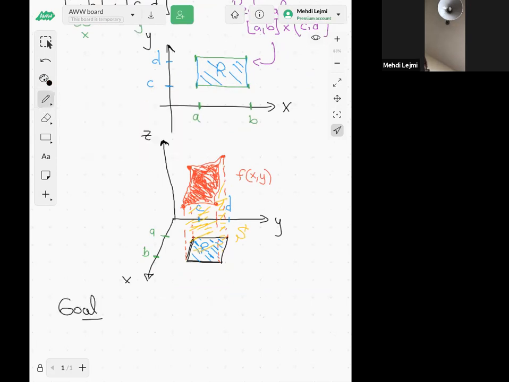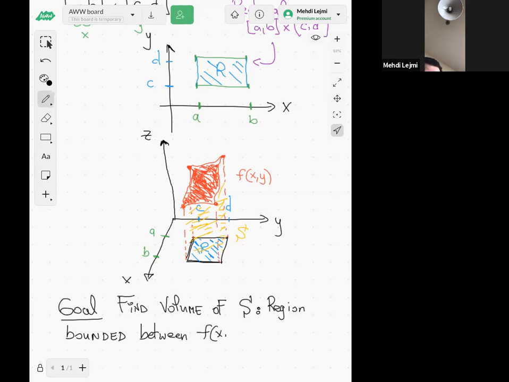So the goal would be to find the volume of S. Again, S is the region bounded by the graph of f of x, y and the rectangle R in the xy plane.